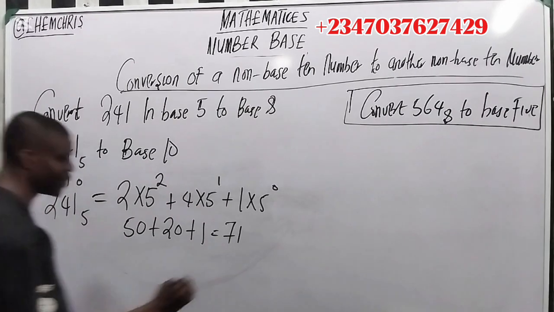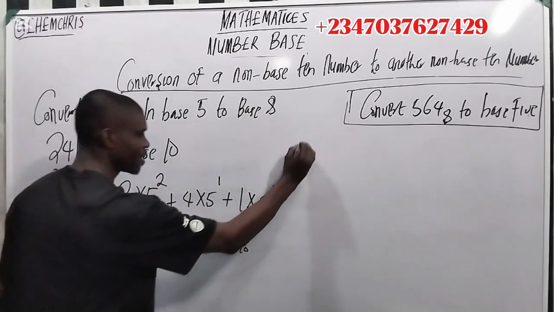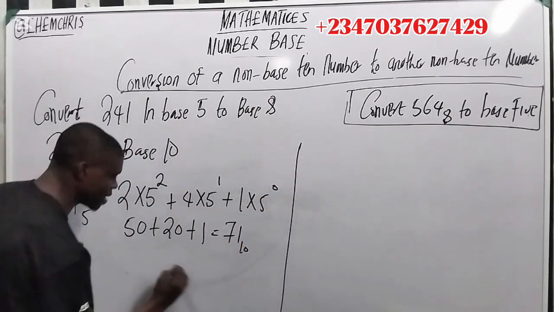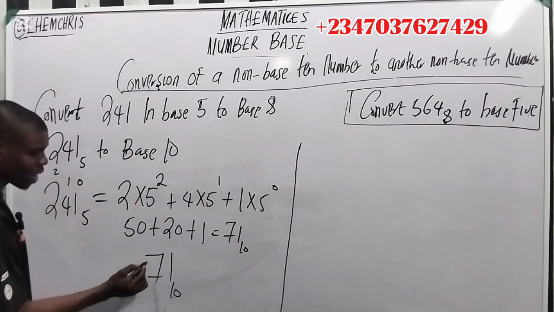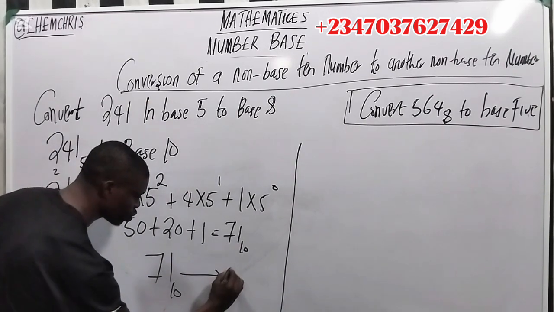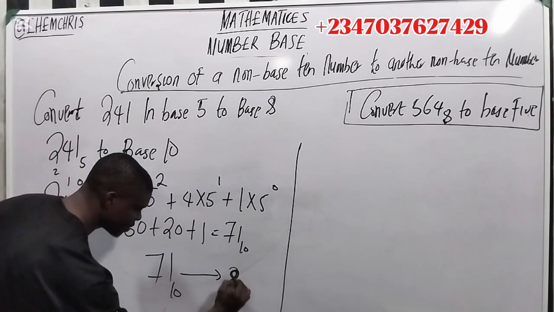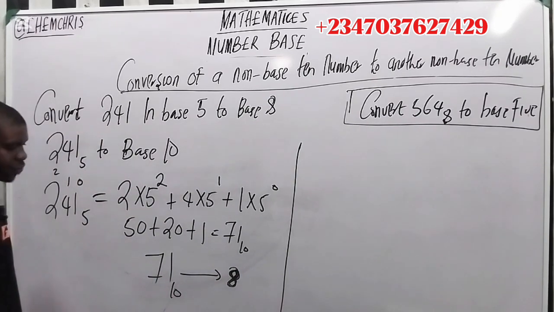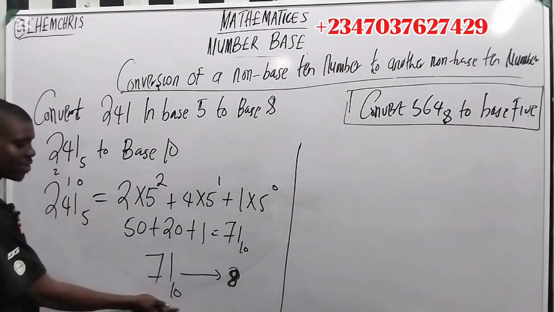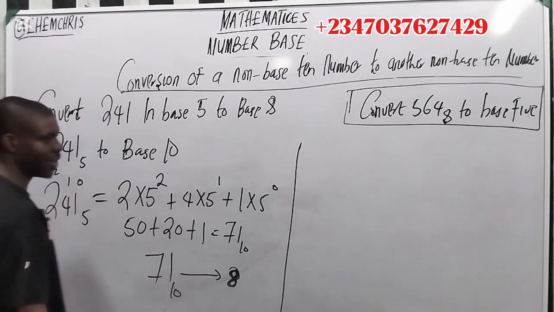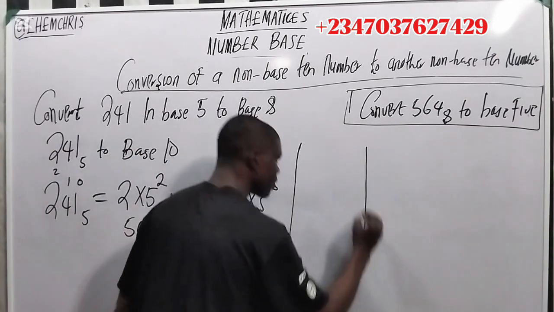Now this one is 71 in base 10. Now you want to convert from base 10 to base 8. Remember, when you are converting from base 10 to any other base, you use something like this.